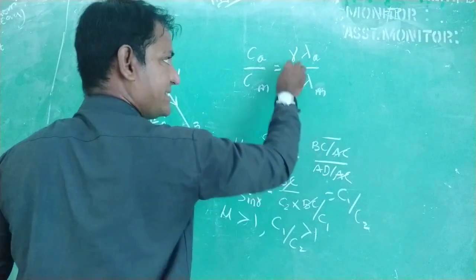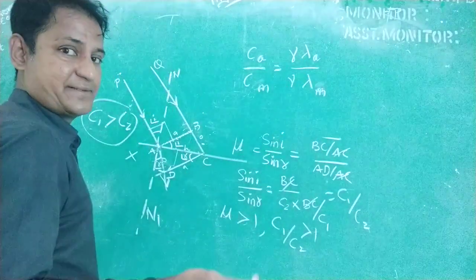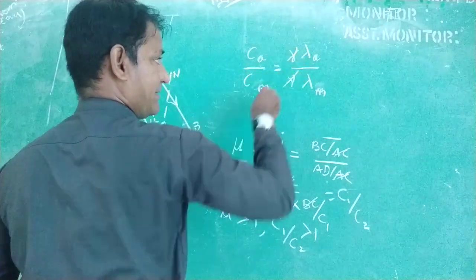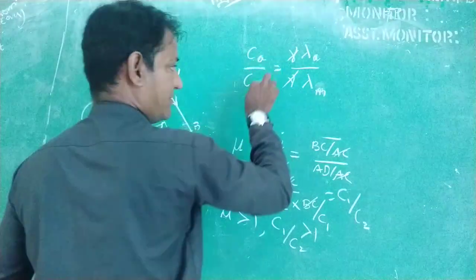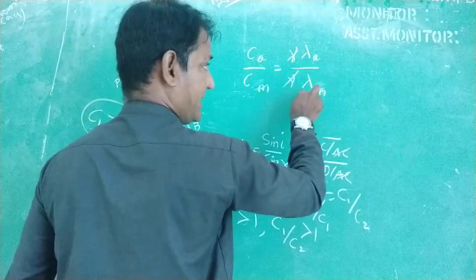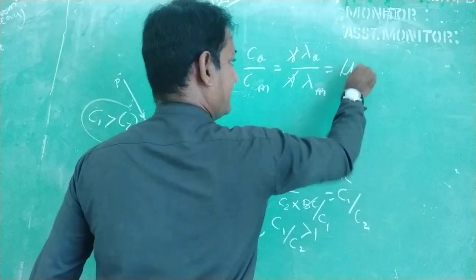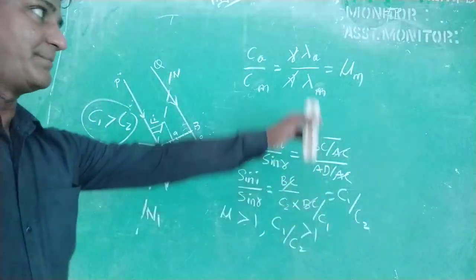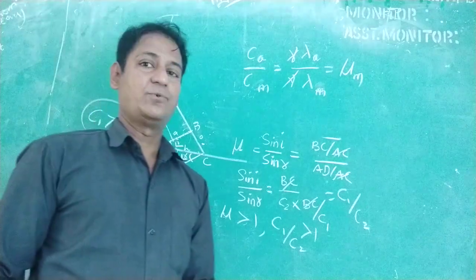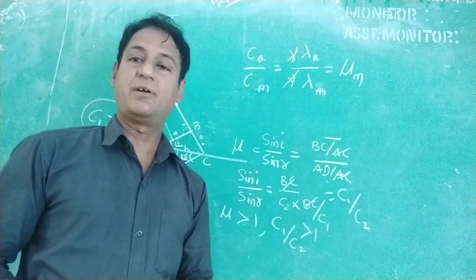Since there is no change in frequency in both the cases, whether reflection or refraction, nu remains the same. So nu gets cancelled. So the velocity of light in rarer medium by velocity of light in denser medium is equal to lambda a by lambda m, which is nothing but the refractive index of any medium. So this is the proof for the laws of refraction.